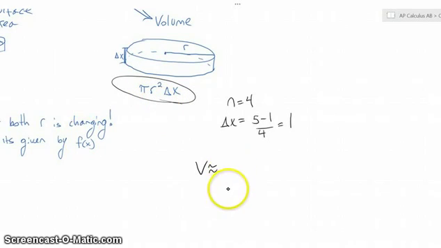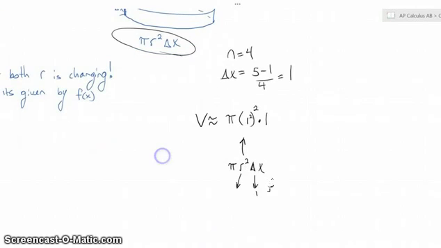So the volume of the first cylinder will be pi times 1 squared squared, since our function is x squared, times delta x, which is times 1. So the way that I got this is, again, pi r squared delta x. Delta x was equal to 1. R squared is equal to the square of our function, and our function is x squared.